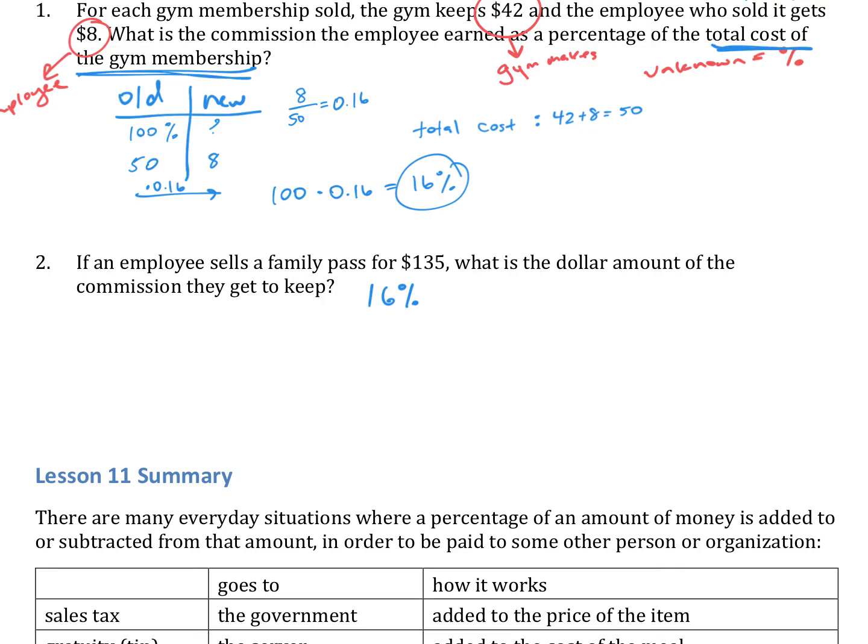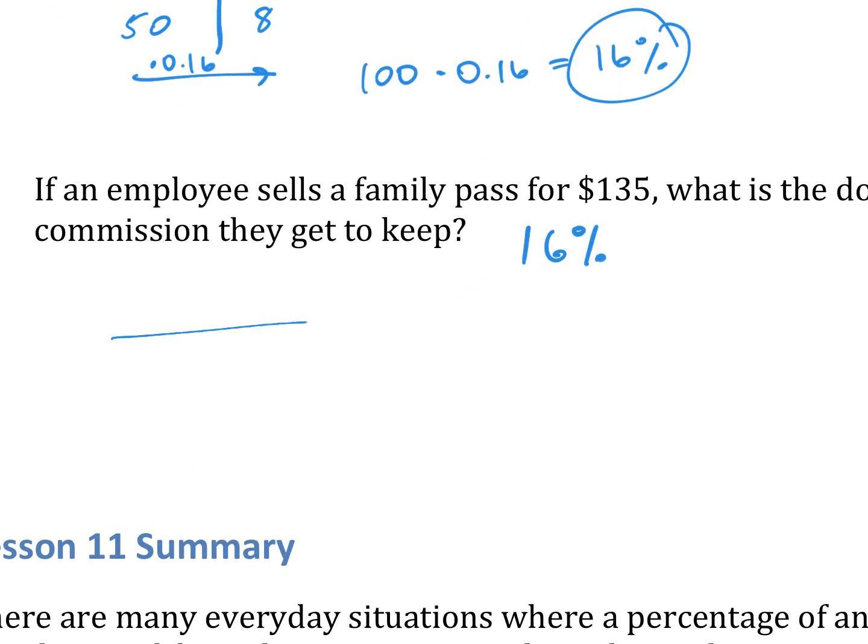Copy and correct it the right way. But if you set up the problem the same way I did, that's okay. That means if you had the correct percentage, you would have gotten the answer correct. I don't want you to stress about it too much, but please make any changes if you didn't have the correct percentage. So I'm going to continue to use the old versus new strategy.